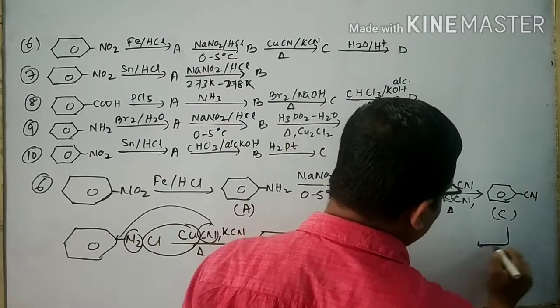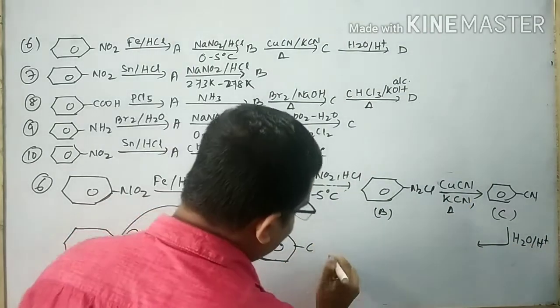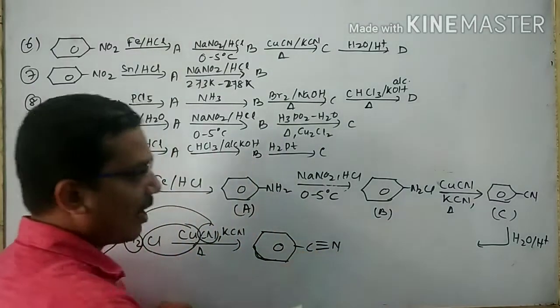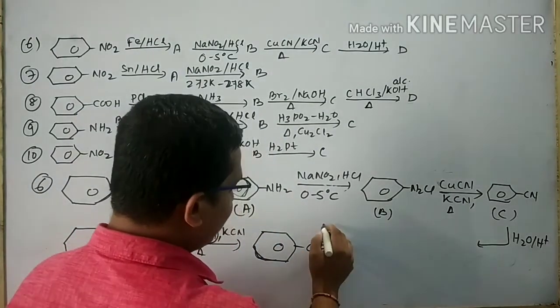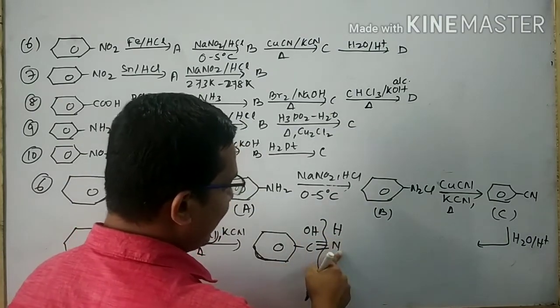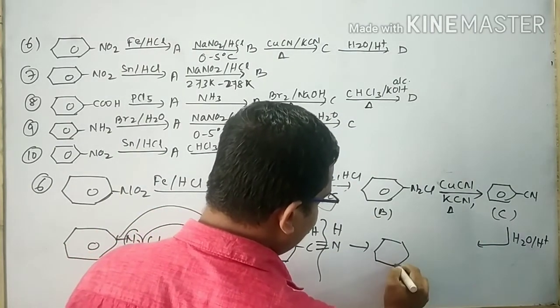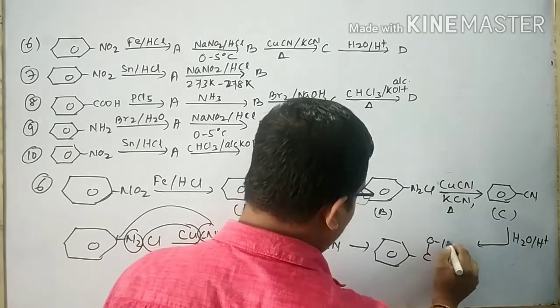Now cyanobenzene is subjected to acid hydrolysis. Then what will happen? The triple bond is present. Now it is subjected to acid hydrolysis. So I can give OH to this carbon atom and hydrogen to the nitrogen atom. Then this is an unstable product.